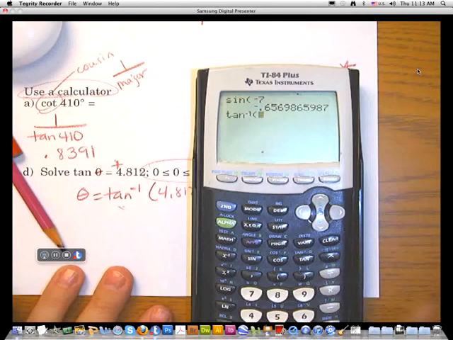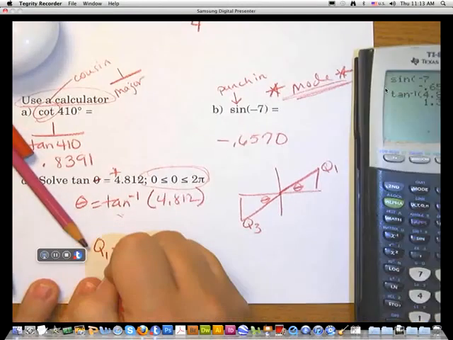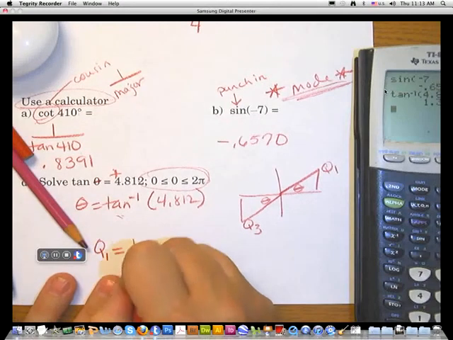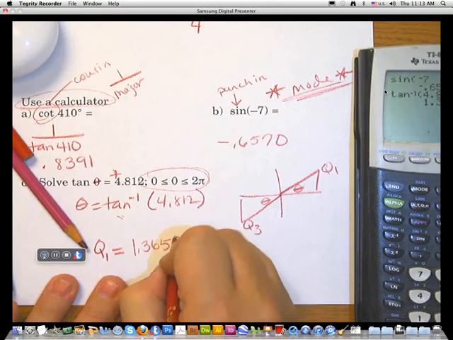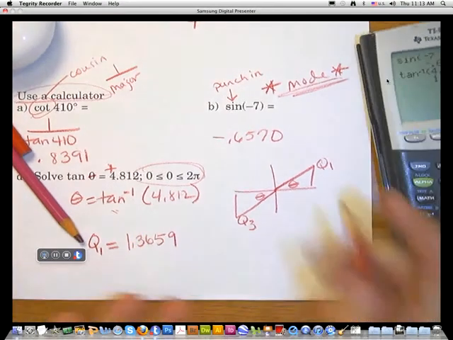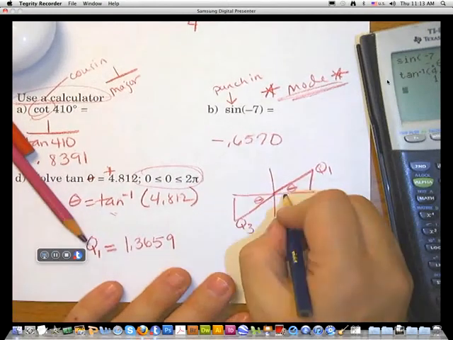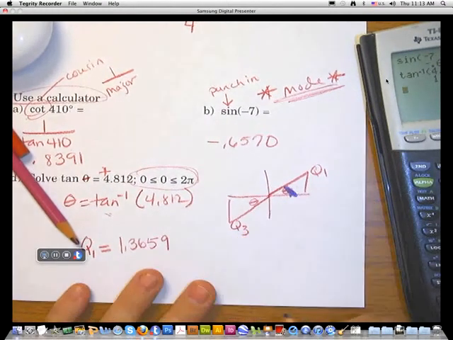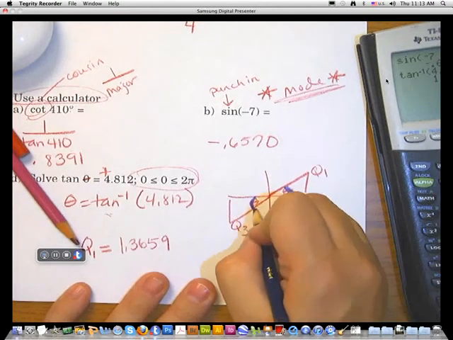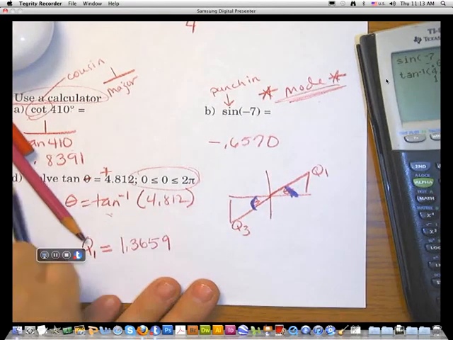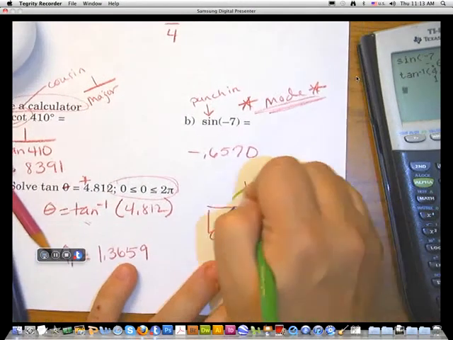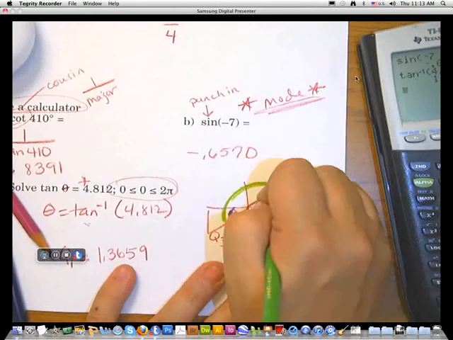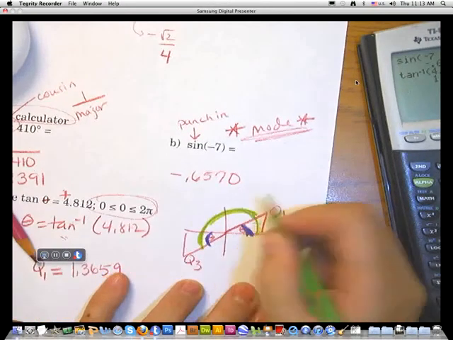Second tangent, 4.812. That will give you your quadrant 1, and your calculator always defaults to quadrant 1: 1.3659. But in order to get this value, I have to add, oops, sorry, from here to there, not this part.